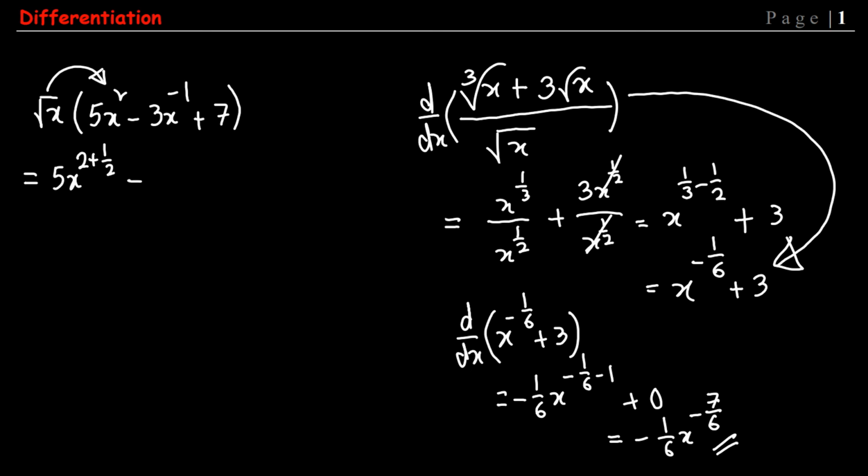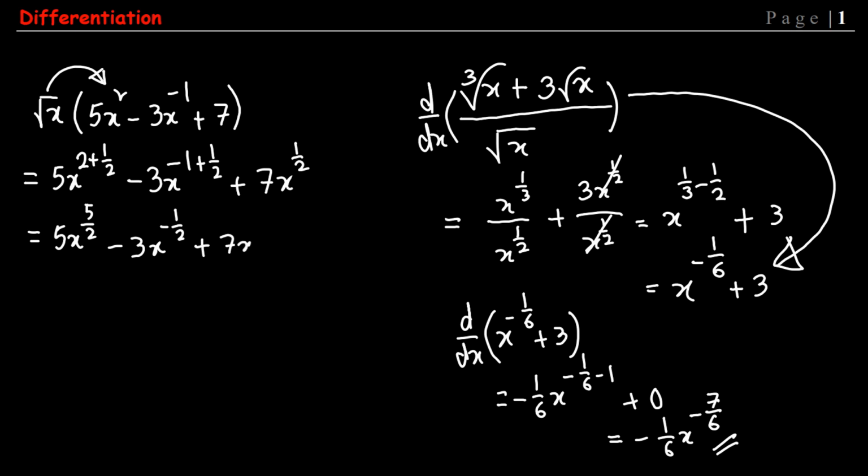The next term is minus 3 x to the power minus 1 plus half, and the last one we get from here is 7 x to the power half. We need to write everything as a power of x. So 5 x to the power 2 plus half, which is 5 by 2. Then the next one minus 3 x to the power minus 1 plus half, which gives minus half. Then the last term is 7 x to the power half.